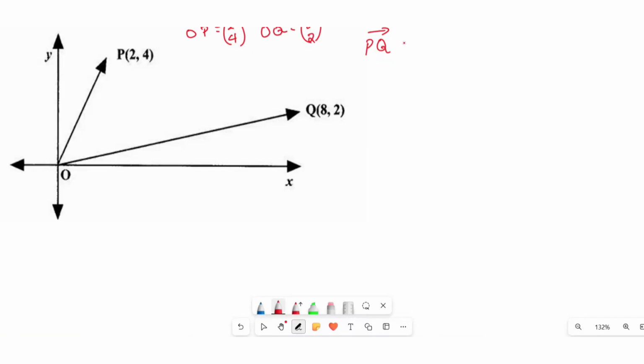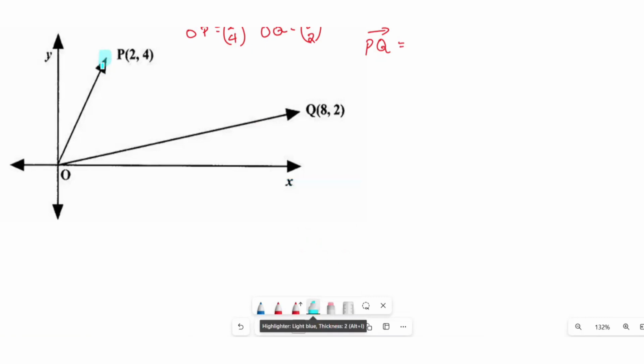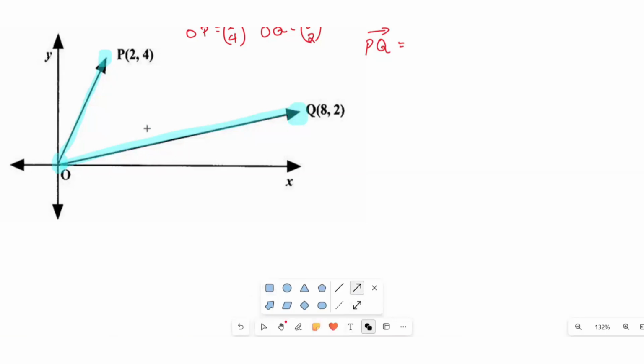So if I'm going to find PQ, then definitely you could take a look that we're going to be walking from P to O, and then we're going to leave O and just go straight to Q. And then you would have seen where we would have completed this PQ going that way. And that's what we really want right now.